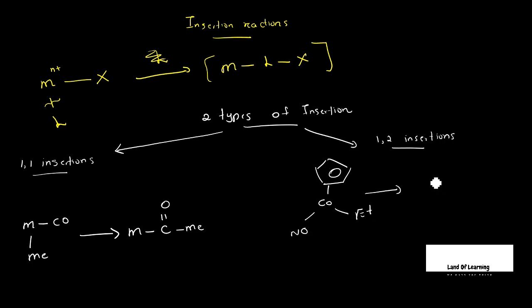When the reaction happens, here we have our NO group and ethyl group, and a new ligand will be added from the outside. So these are the two main types of insertion.